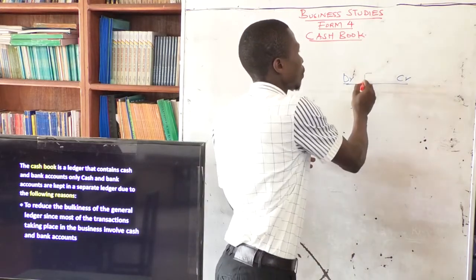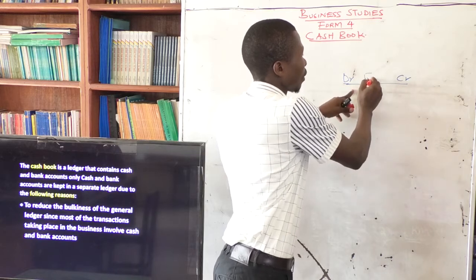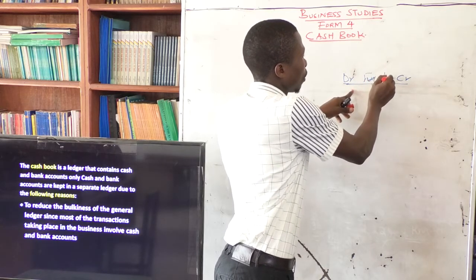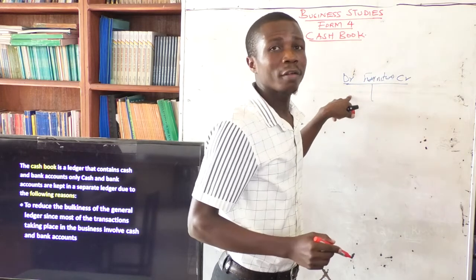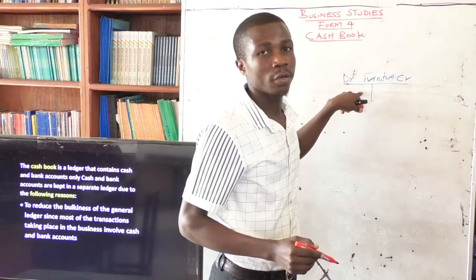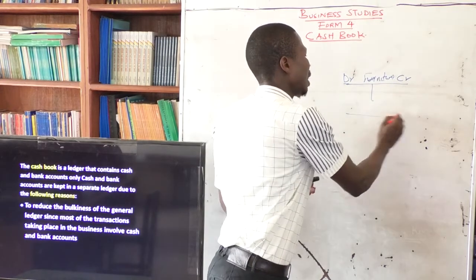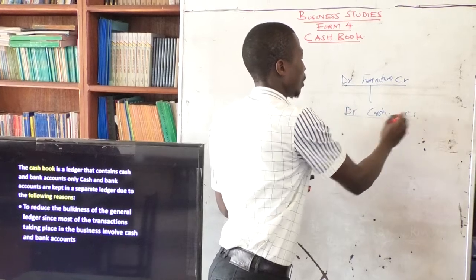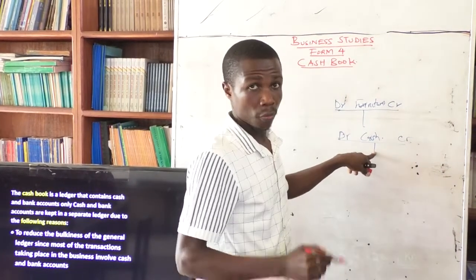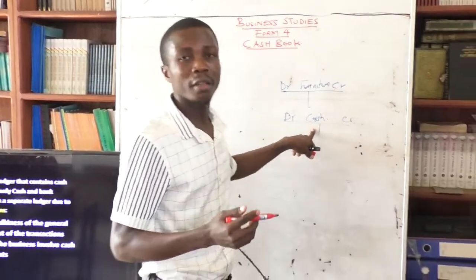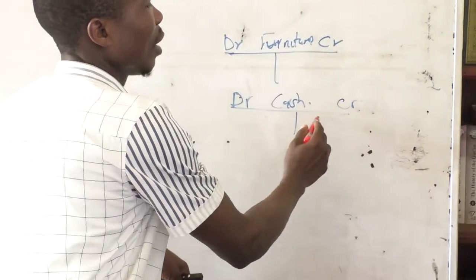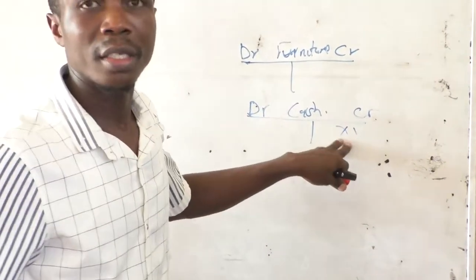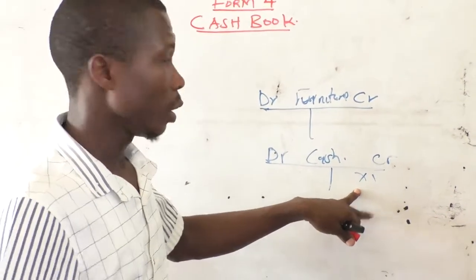In the furniture account we will have an increment. But the cash that was used to buy the furniture, the 10,000, we record in the CR, meaning that cash has been paid out.